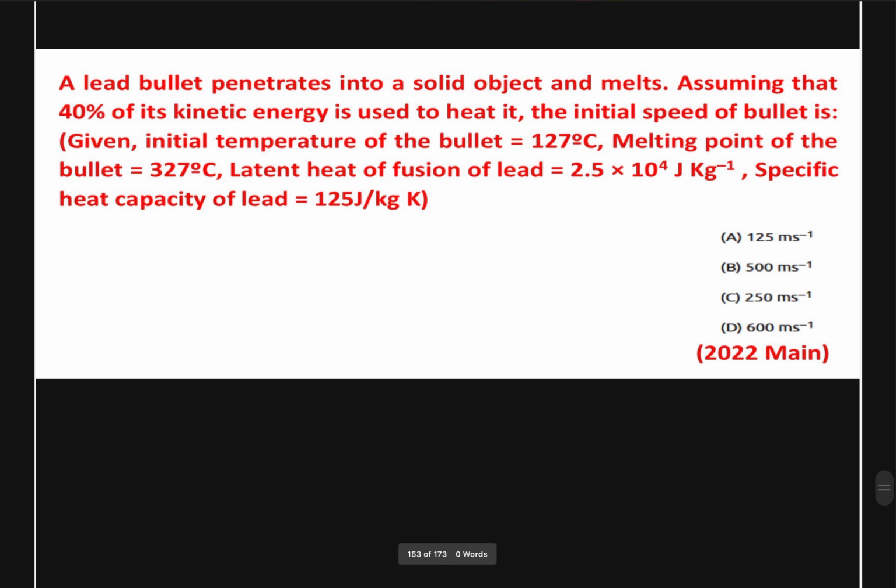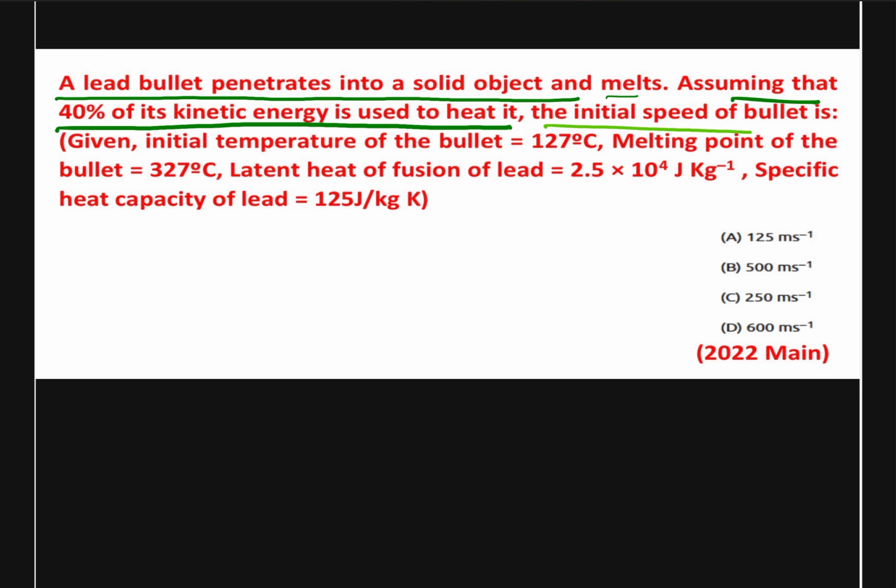It states that a lead bullet penetrates into a solid object and melts. Assuming that 40% of kinetic energy is used to heat it, the initial speed of the bullet is, so we have to find the initial speed. Here also we are going to use conservation, and the heat that is going to melt it will be equal to, suppose, Q, and that will be equal to raising the temperature and then melting point.